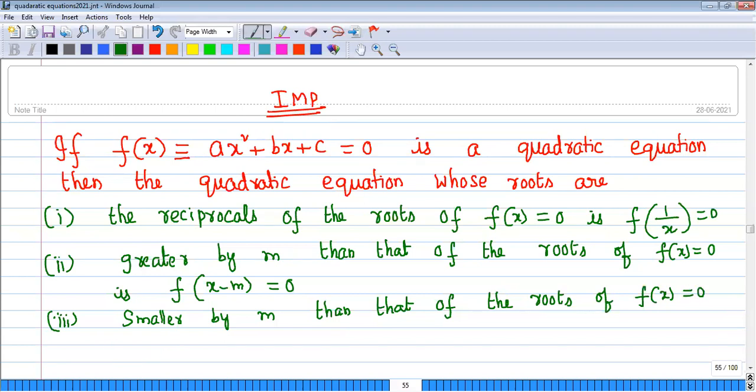How will you get it? Expect it now, there is a pattern. Of x plus m. Very good. F of x plus m. So let me elaborate it. If alpha, beta are the roots of ax square plus bx plus c is equal to 0, then the quadratic equation whose roots are alpha minus m, beta minus m: in the place of f of x, replace x with x plus m. So you will get the required equation.